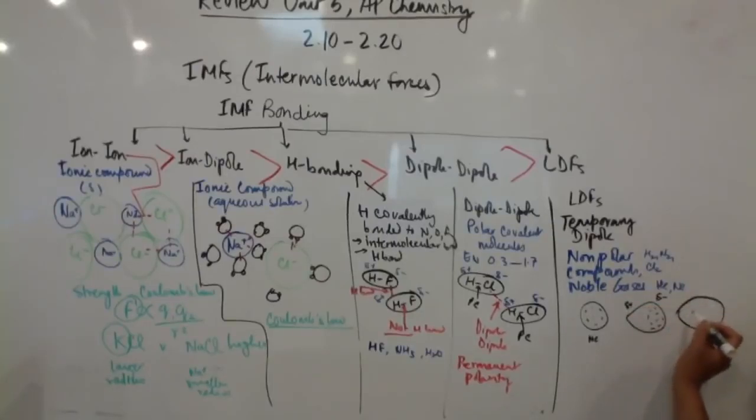It causes the same phenomenon in the neighboring atom, with a little negative charge on one end and a little positive on the other end. And then the attraction between them is called LDFs. And as soon as the electron cloud comes back to its original distribution, then the London dispersion force will disappear. But this phenomenon may then be happening in other molecules or atoms as well.